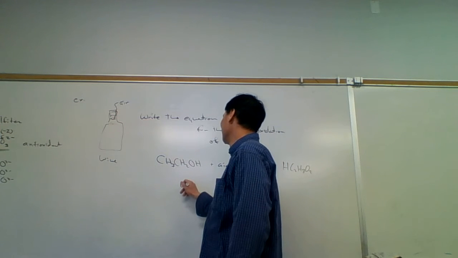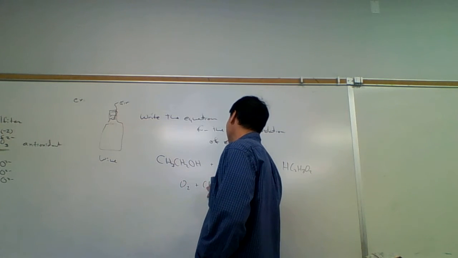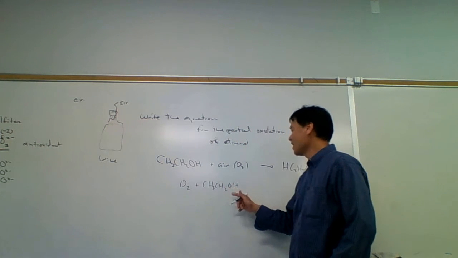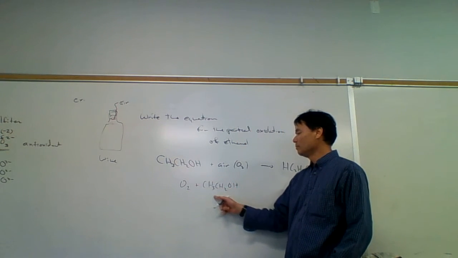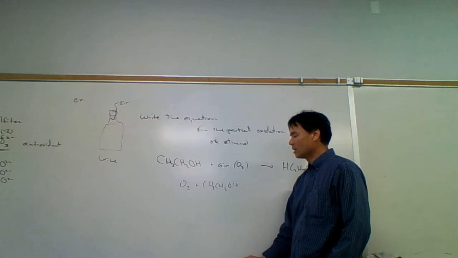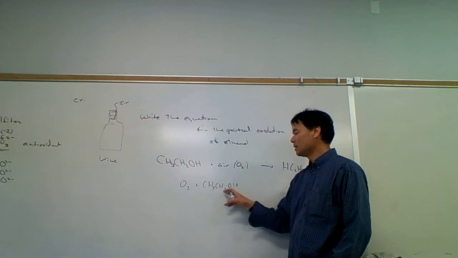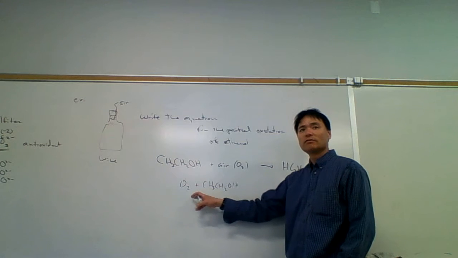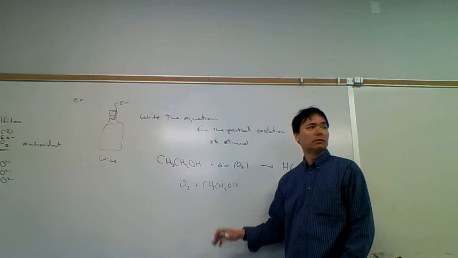So it might have that form, O2 plus CH3CH2OH. This is not hydroxide. This is not some cation plus hydroxide. This is ethanol, which is an organic molecule. And so I wouldn't treat this as A plus BX because what is the cation B? What's the anion X? Even though it kind of fits that form, right?